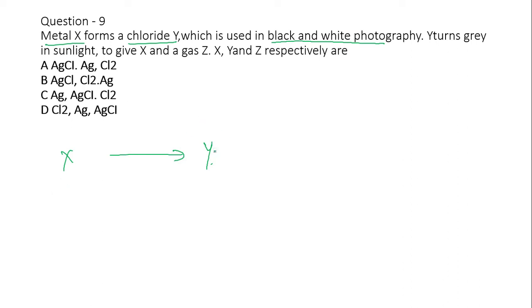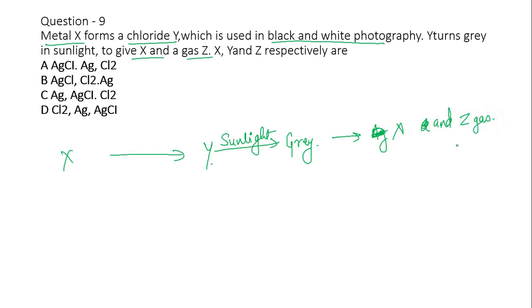So this on sunlight turns grey, to give X and a gas Z. The next one is it will release X and Z gas, right? X, Y and Z respectively are.